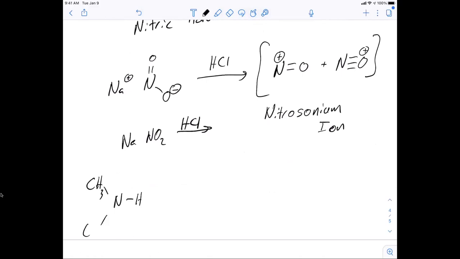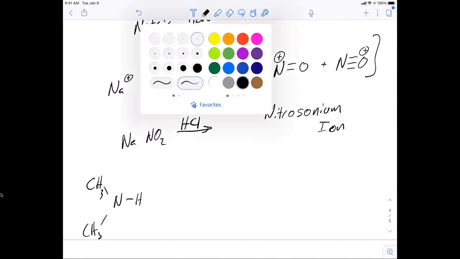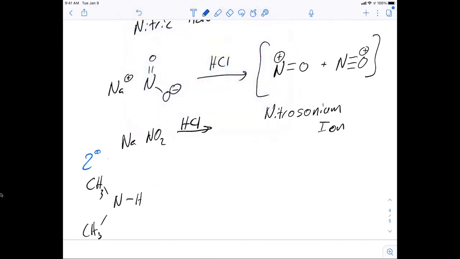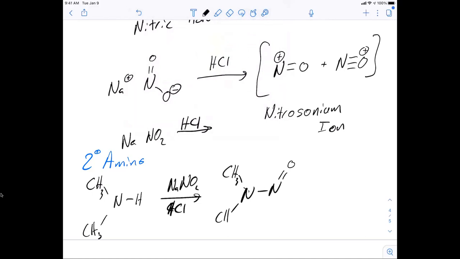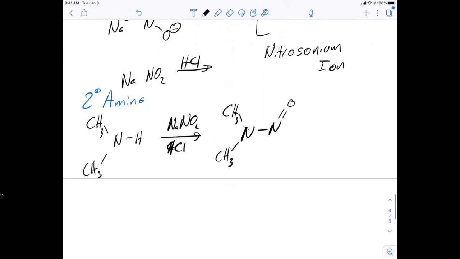So if I have a secondary amine, I'm going to add the sodium nitrite plus HCl. I'll end up with this nitrosoamine.